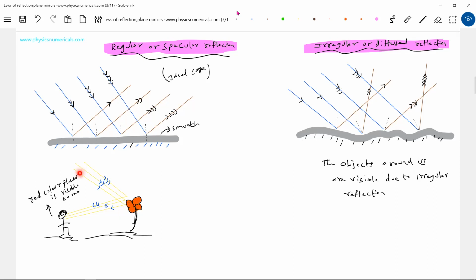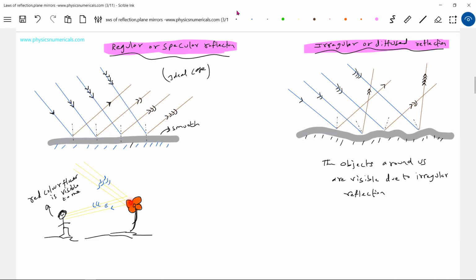Because when sunlight falls on the flower, it undergoes irregular reflection, since the surface is rough. The reflected light enters the human eye, and the person says the flower is visible to me. So what is the surface of the flower like? Rough.